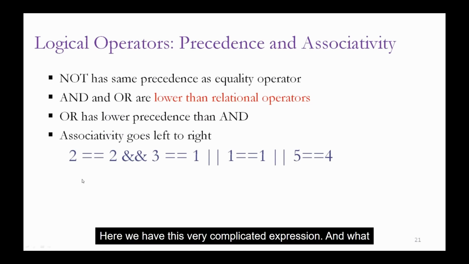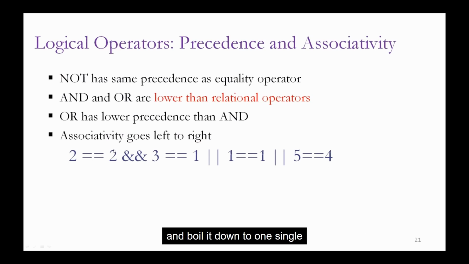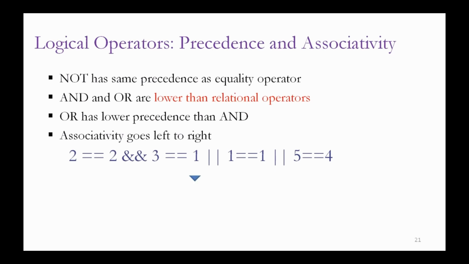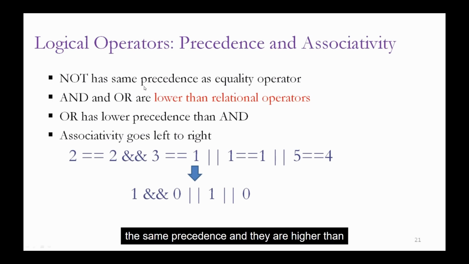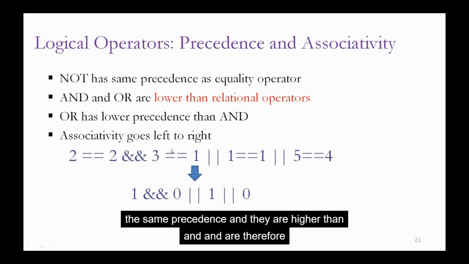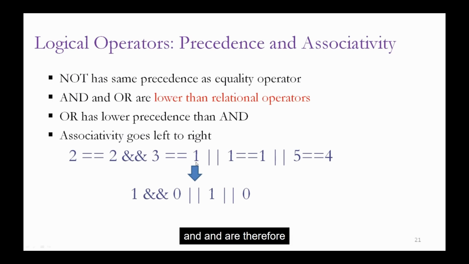Here we have this very complicated expression. And what we want is to evaluate this whole expression and boil it down to one single value. So how do we do this? First of all, the equality operator and the not operator have the same precedence and they are higher than AND and OR.